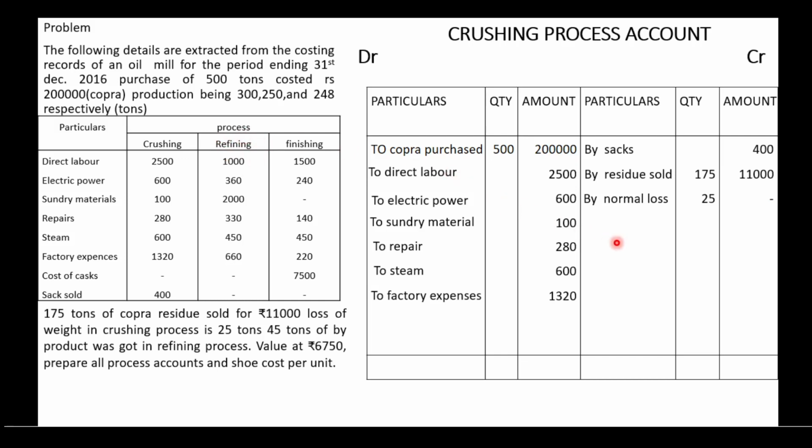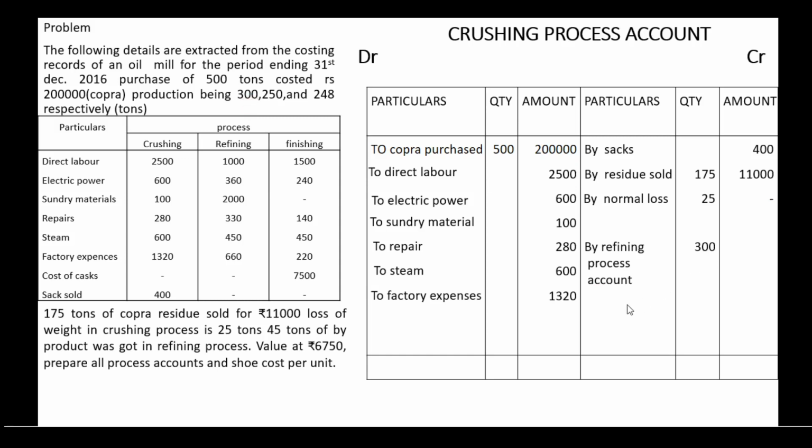Since we have to transfer the output to the next process, we enter the next process account name, that is, by refining process account. The number of tons is 300.